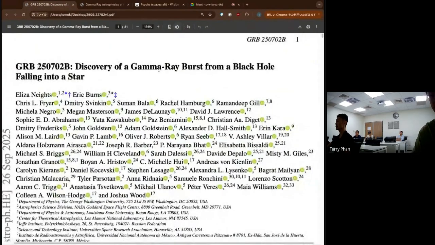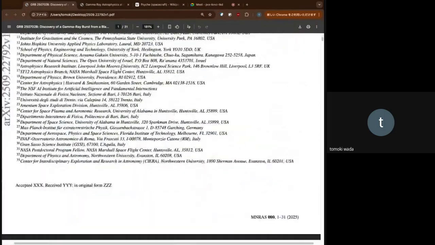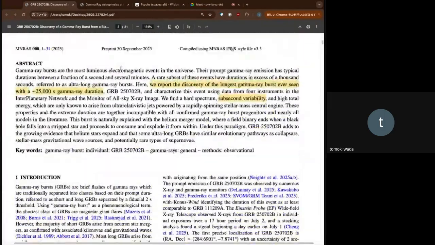Yes. Today, I'd like to introduce this interesting GRB. This is the longest gamma ray burst ever seen.